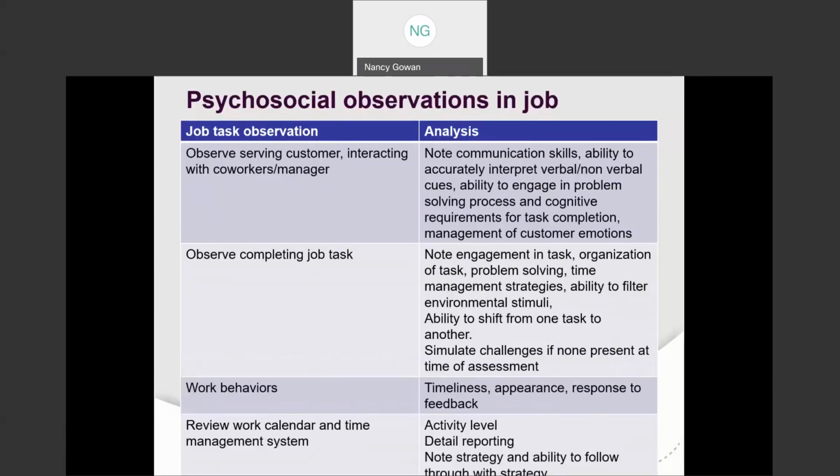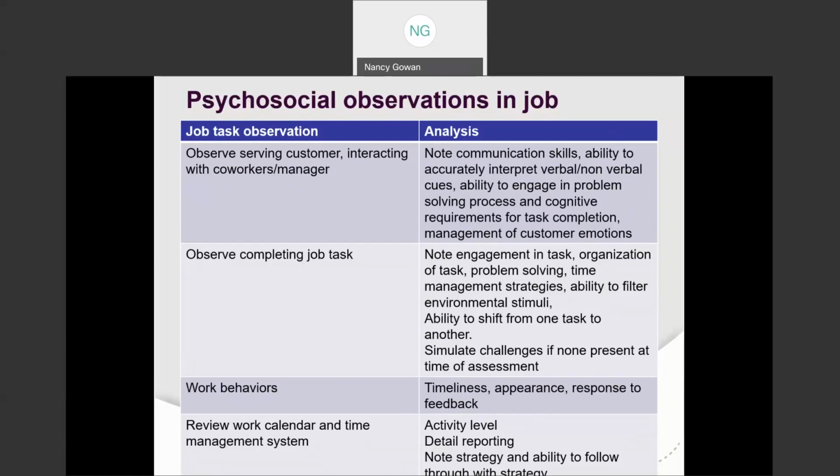Perhaps you have the opportunity in the job task observation to observe them serving a customer or interacting with coworkers and managers. You want to note their communication skills, their ability to accurately interpret verbal and nonverbal cues, their ability to engage in that problem-solving process, and what the cognitive requirements of the actual task might be, and whether they are able to complete them, and whether they can recognize and manage a customer's emotions.